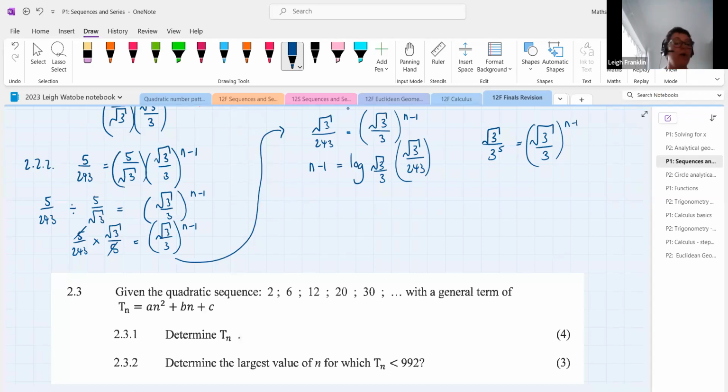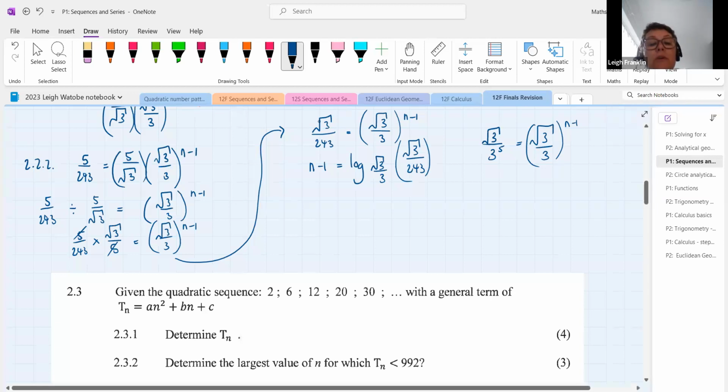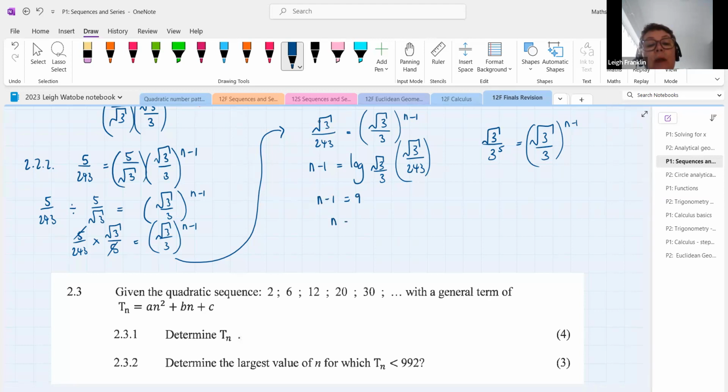Okay, so when we go and put that log in, we'd get 9. So n minus 1 is equal to 9, and therefore n would be equal to 10. Beautiful.